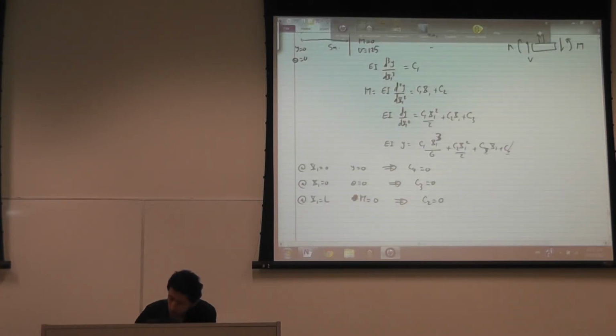So at x1 equal L, the shear is 125, which will give you that C1 is equal to 125.